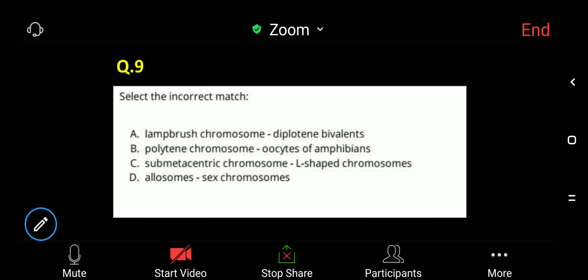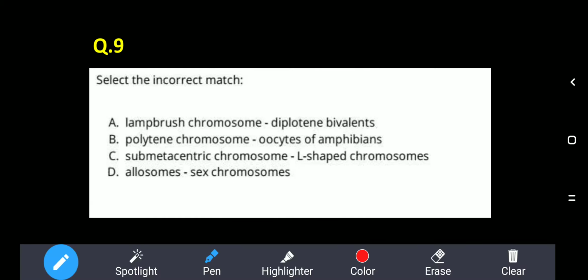Next question, question number 9. Select the incorrect match. The options given to us are Lampbrush chromosome, Polytene chromosome, submetacentric chromosome and allosomes.